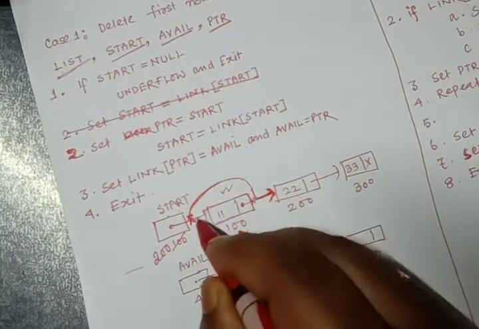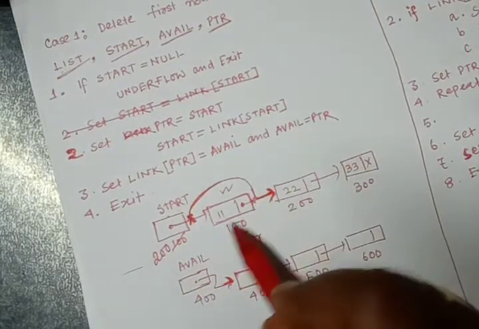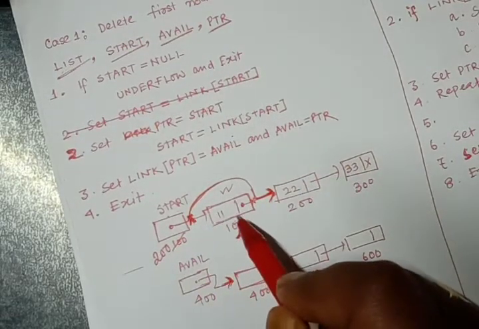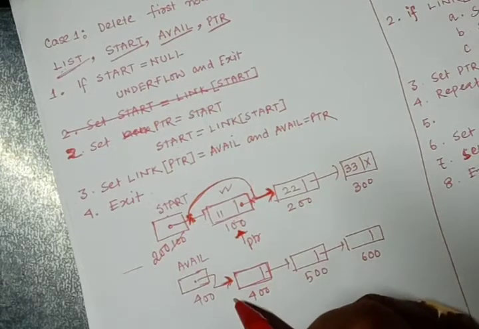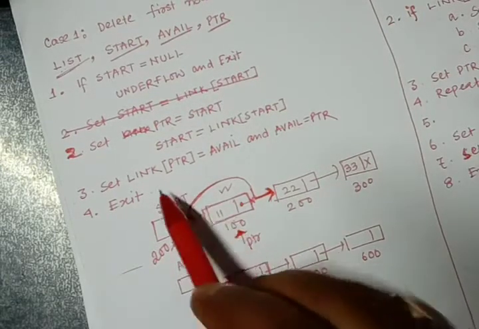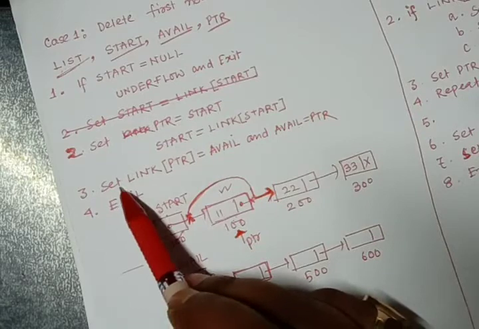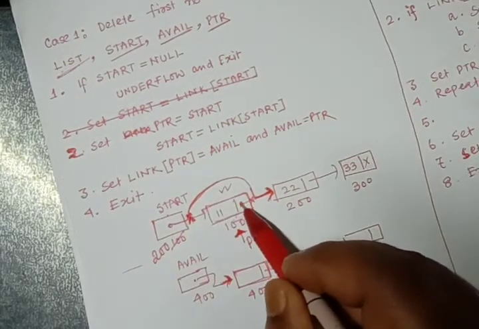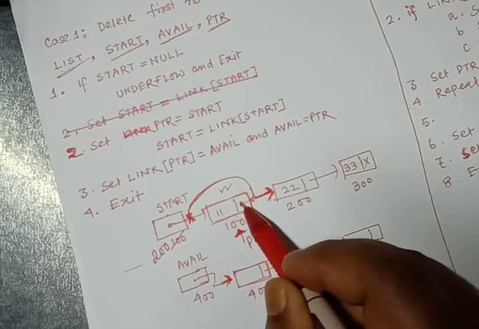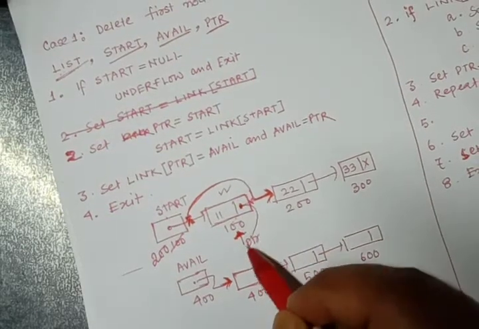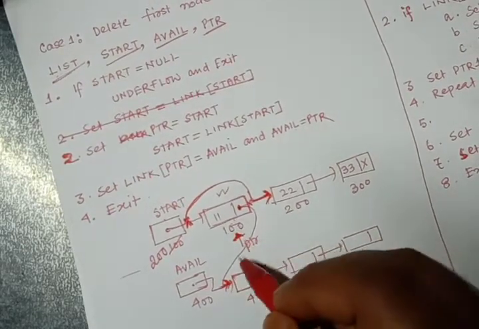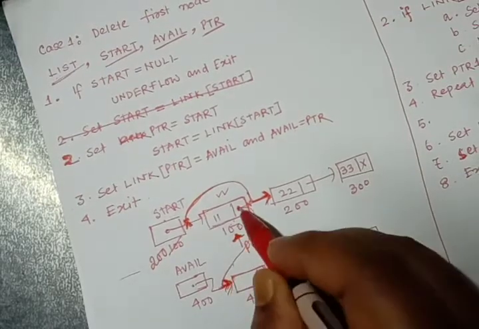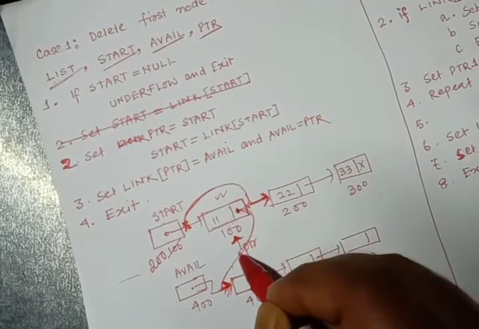So here it will break and here it will break. So we bring this node back to the available list. Here you see how we can do this. Set link of ptr. Now here you see that this one is the link of ptr. Set link of ptr equal to avail.